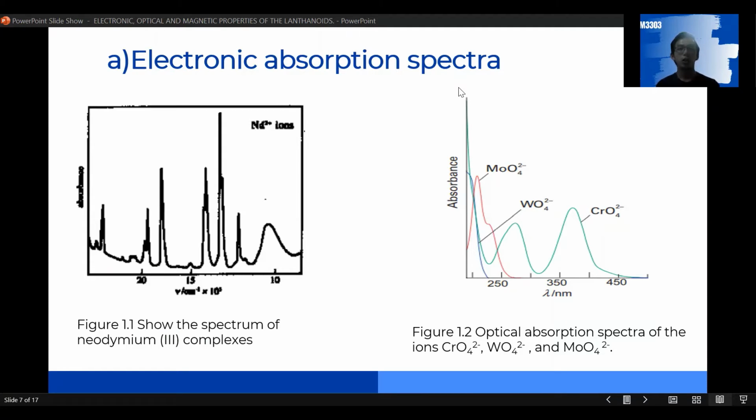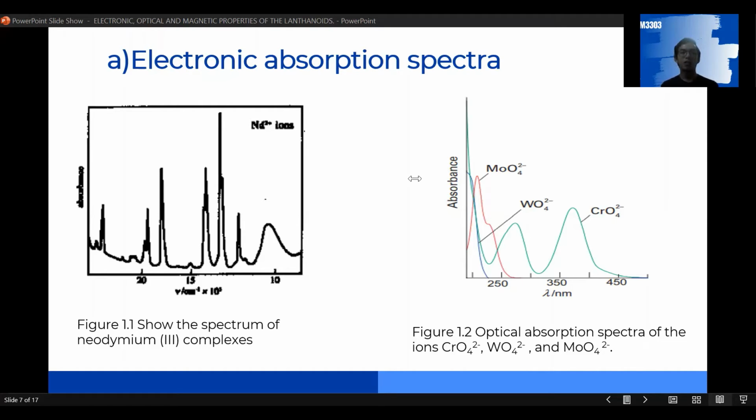So I will compare the electronic spectra between the lanthanoid series and the d-block series. As you can see in the spectrum for the lanthanoid series, the peaks are much narrower and sharper than the spectrum for the d-block series, because most lanthanide ions absorb light in the UV and visible region.